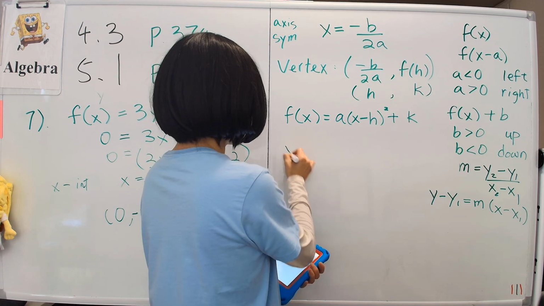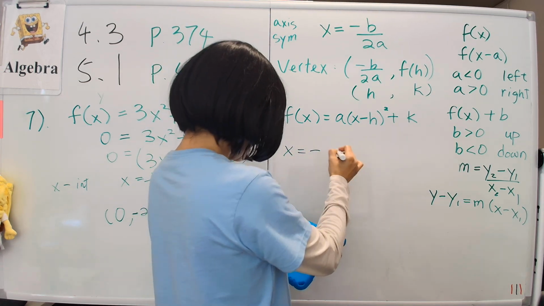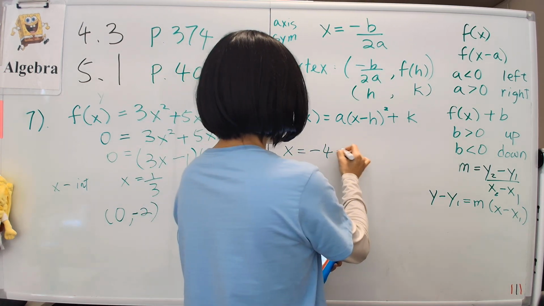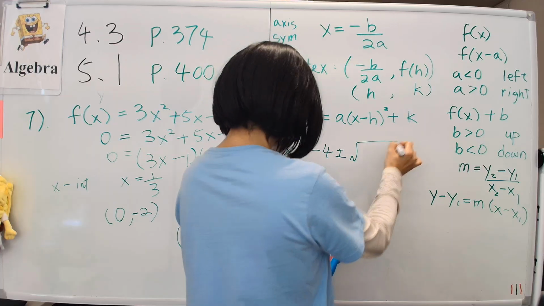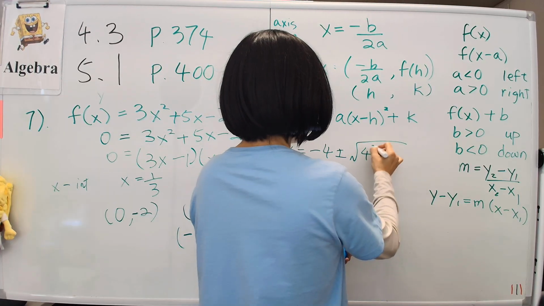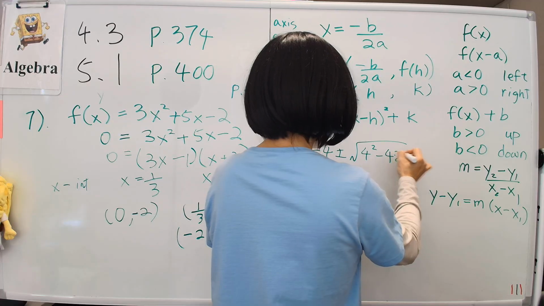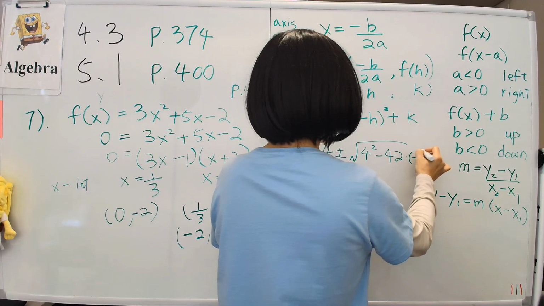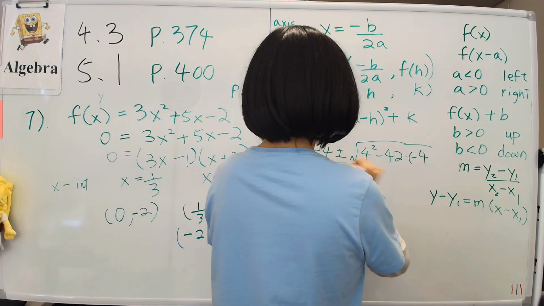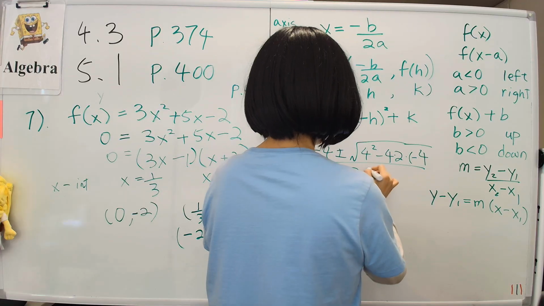By the quadratic formula, x equals minus 4, that's b, plus or minus the square root of b squared, 4 squared, minus 4 times a, which is 2, times c, which is negative 4, and then all over 2 times 2.